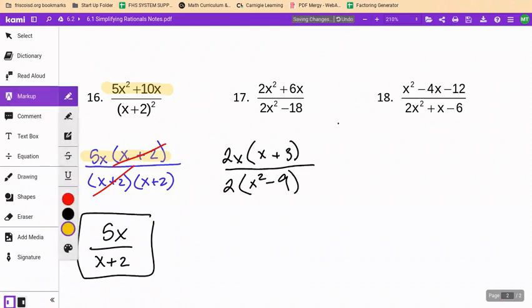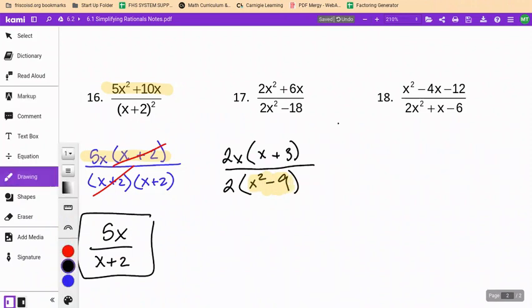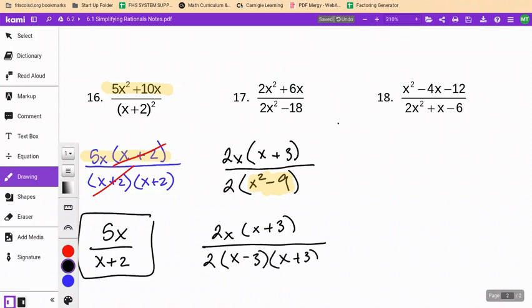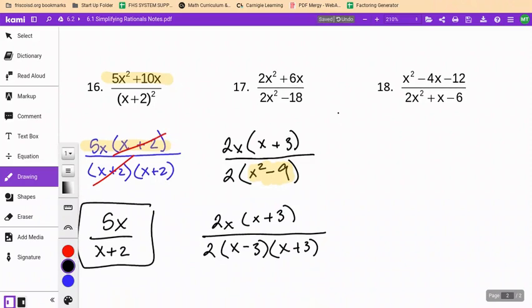But I need to make sure about this. This is still not factored completely because x squared minus 9 is the difference of squares. So again, there is my numerator, nothing changes. And then now x squared minus 9 becomes x minus 3 times x plus 3. Okay. So now it's factored completely.